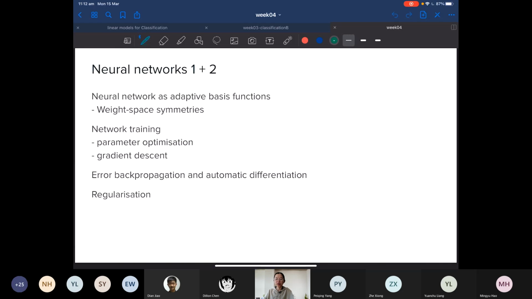We will talk about the famous error backpropagation algorithm, and then we will briefly talk about how you implement it in the modern software and hardware computing stack, basically by automatic differentiation, which is cool. And we talk about a very small sample of tricks on how to regularize neural networks. So that will be our plan for today and Friday.